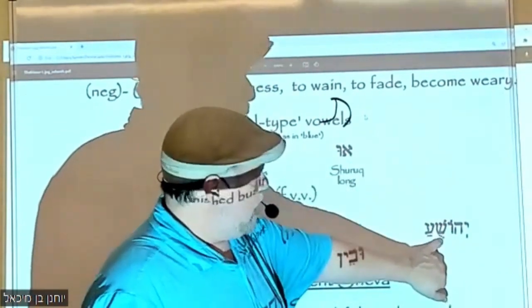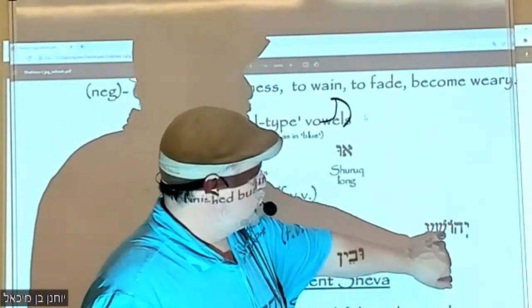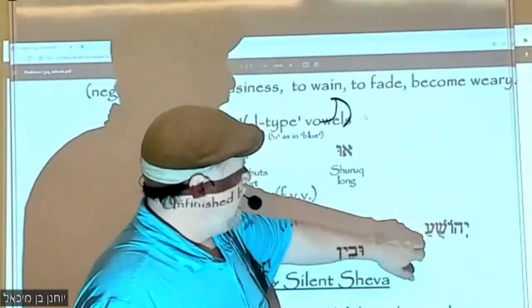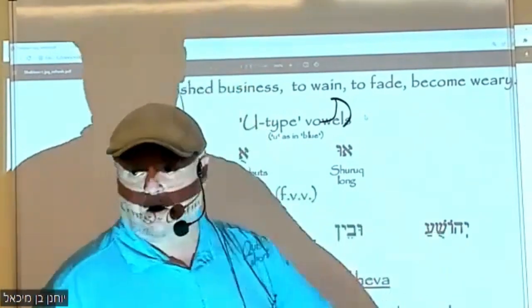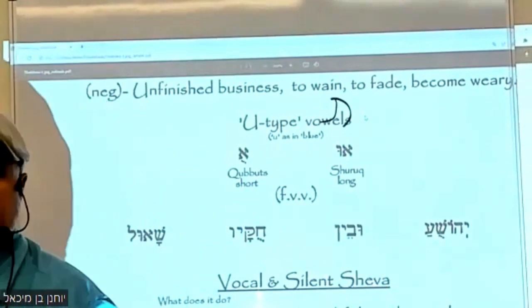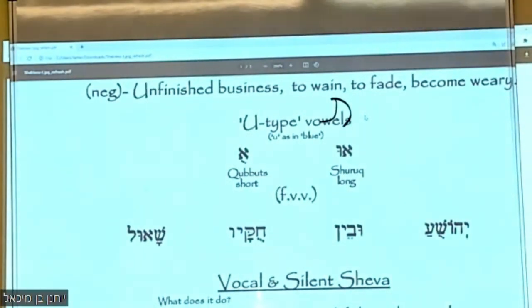And it's pointed how? Kubutz. Shu. Then we have ayin, silent letter, but it's pointed how? Patach, short duration A type vowel. Ah. Yehoshua. Which is who? Joshua.